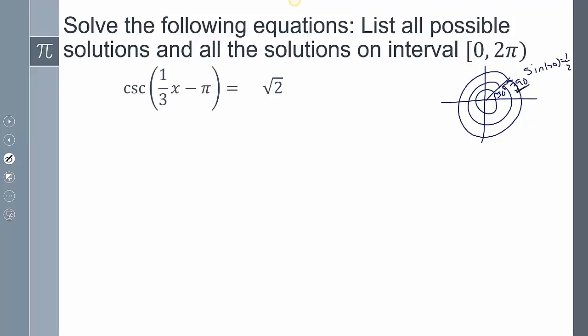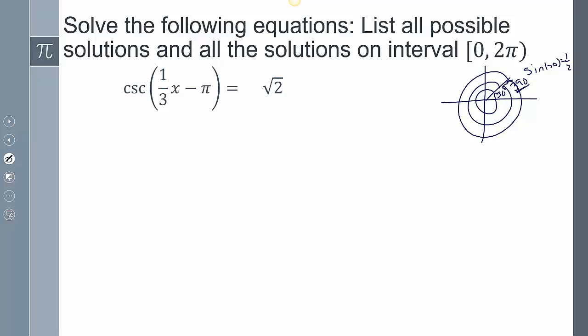The sine of 390 degrees, and rotating it again and again, is all going to be the same value, which is 1/2. And so we're going to algebraically express this infinite number of rotations that could give me that value. So just know that in our final answer, we're going to have to express that.